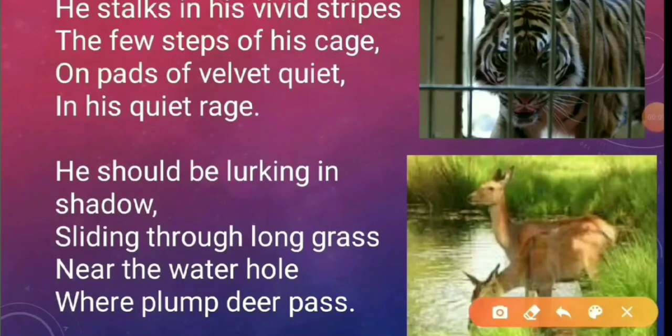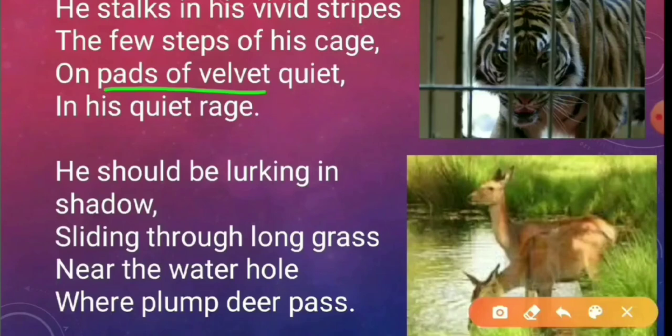Next poetic device, you can say metaphor. Here in the line, tiger's paws are compared with velvet, pads are compared with velvet. That is metaphor. And next is consonance. Consonance, you can just check in the lines.